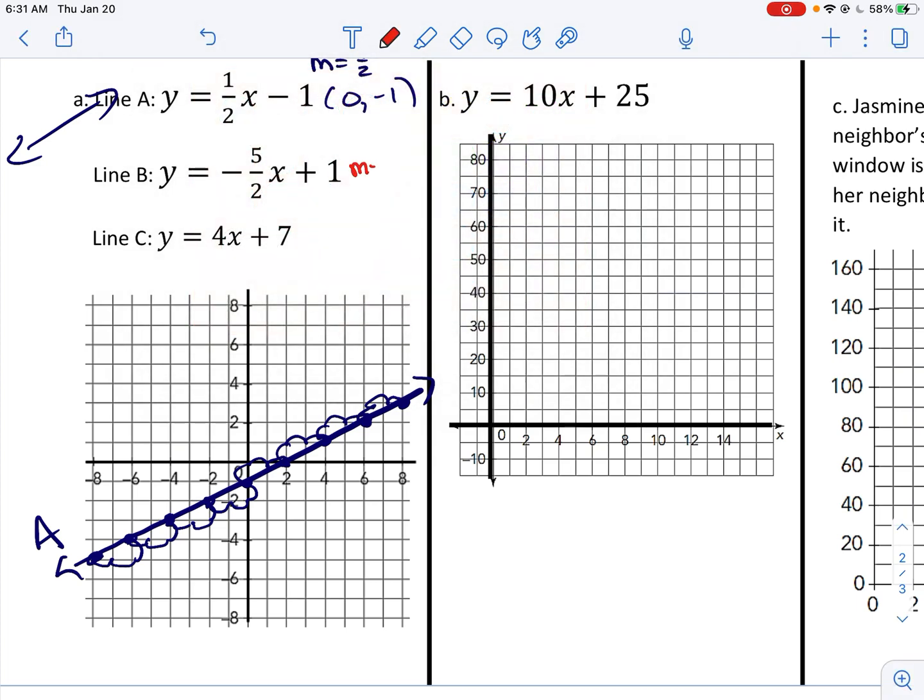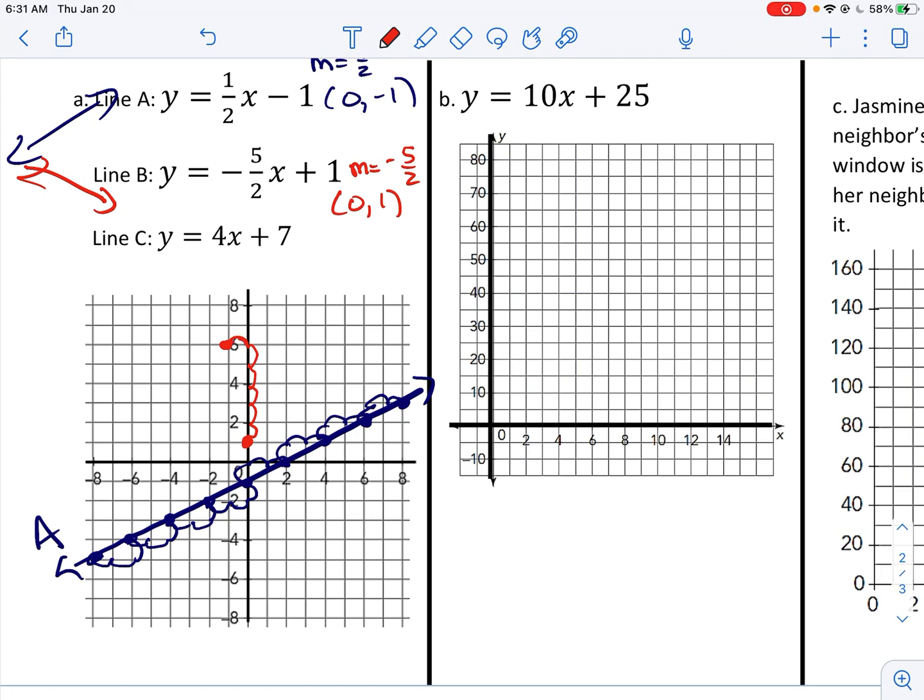This next one has a slope of -5 over 2 and a y-intercept of 0, 1. It is a negative slope, so it'll be going in the downward direction. So I plot 0, 1. I go up 1, 2, 3, 4, 5, but it's the negative direction, so I need to go over here and put my point.